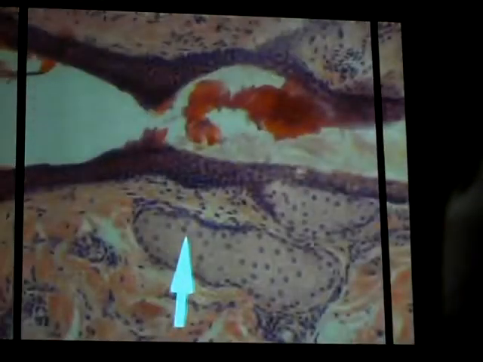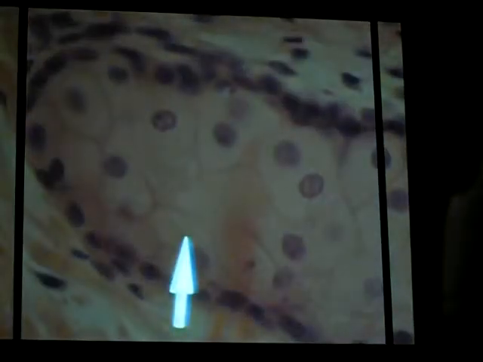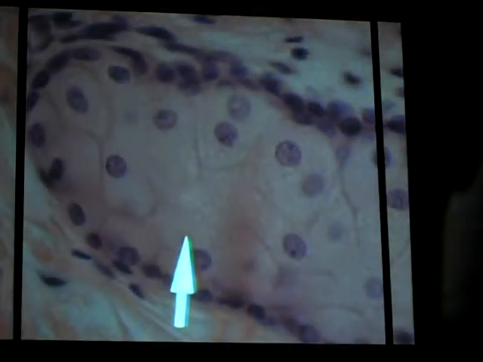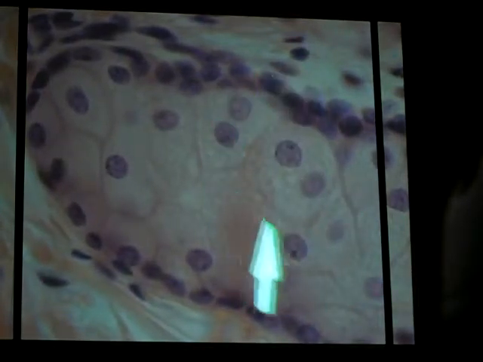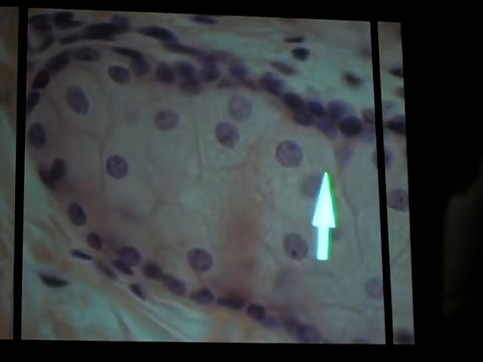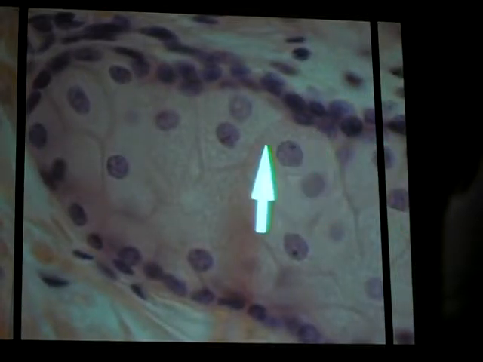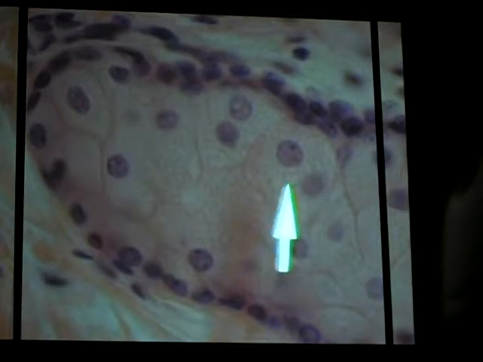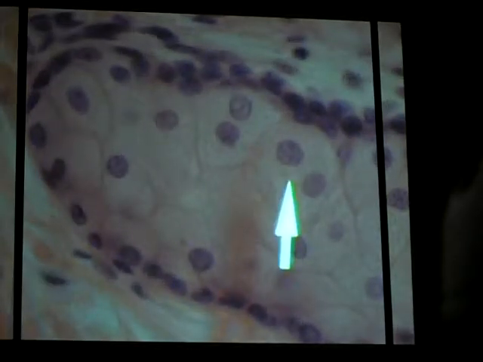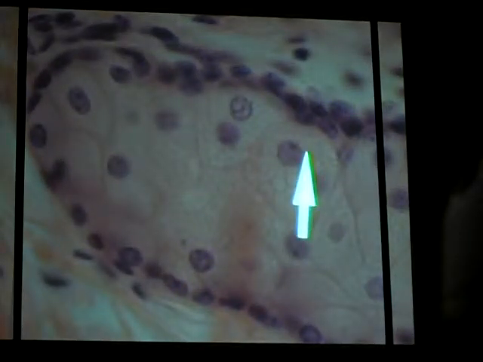So if you look at that, what cells are contained in the sebaceous gland? Alright, so in your sebaceous glands you have these cells. They're a little bit large. The nucleus is usually located in the center of the cell, and you'll notice that they look like they have little droplets inside them.